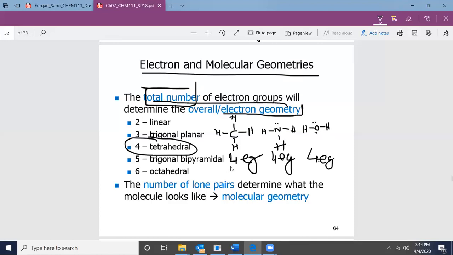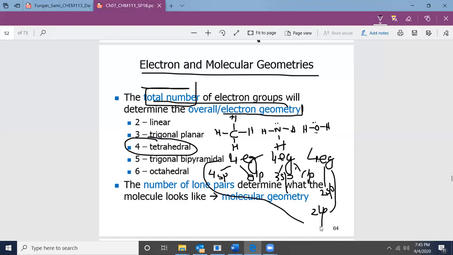Out of this 4, you have 4 shared pairs and 0 lone pair. Out of this, you have 3 shared pairs and 1 lone pair. Out of this, you have 2 shared pairs of electrons and 2 lone pairs.